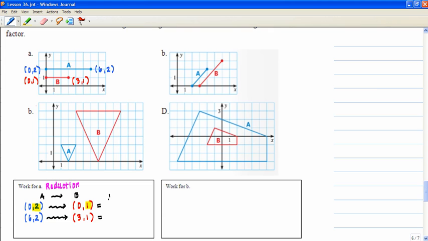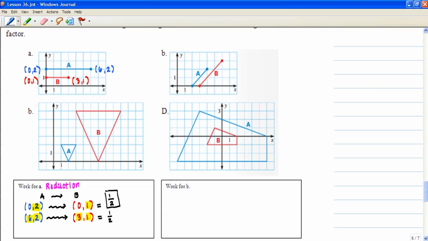So I'm going from 2 to 1, so this is a reduction of 1/2. And now let's look at the rest of the values. So from 6 to 3 is also getting reduced by 1/2. And from 2 to 1 is also being reduced by 1/2, so we can be pretty sure that our scale factor is 1/2.